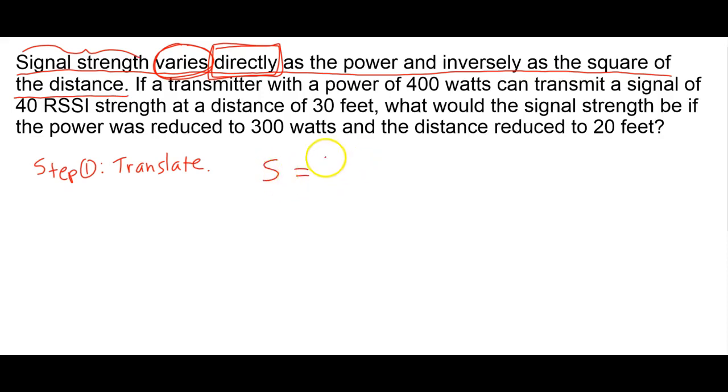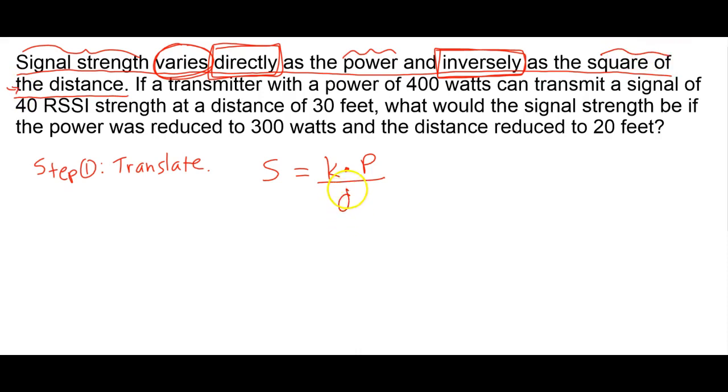And it's varying directly, so it's going to be K times something. And it's directly as the power. So power. There's my equation. Oh wait, there's more. And inversely, okay, inversely means we're going to divide. Inversely as the square of the distance.